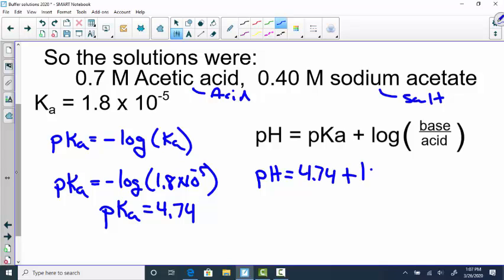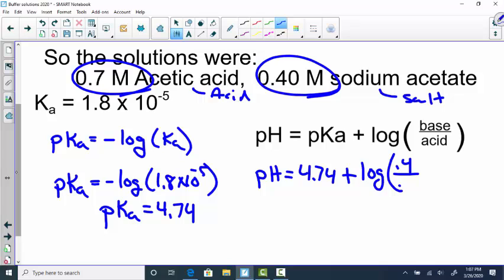Okay? So once you make that calculation, now we can just say, okay, the pH is going to be 4.74 plus the log of the base, 0.4 over the acid, 0.7, and calculate. And I encourage you to take your calculators out and calculate that.